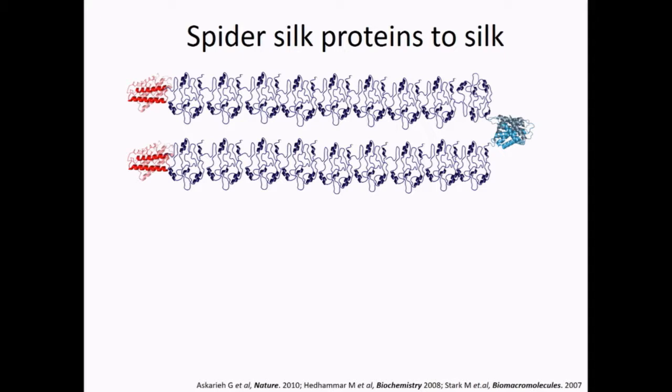It is not exactly known yet how they look, but a long part is very much repeated the same. So we have looked at this protein and the different parts separately to try to figure out what makes this protein able to make a strong and elastic material.